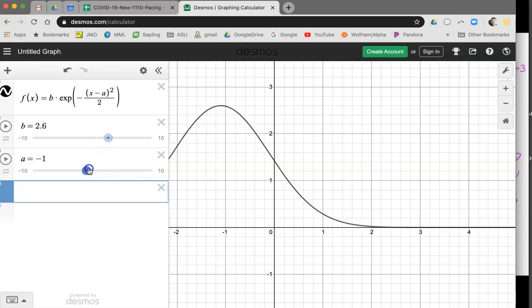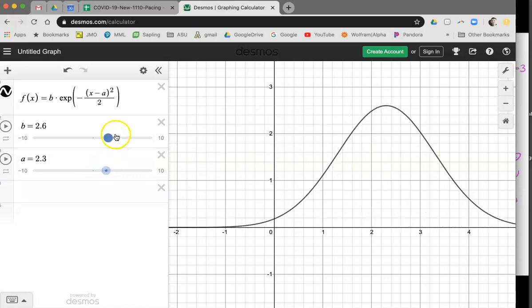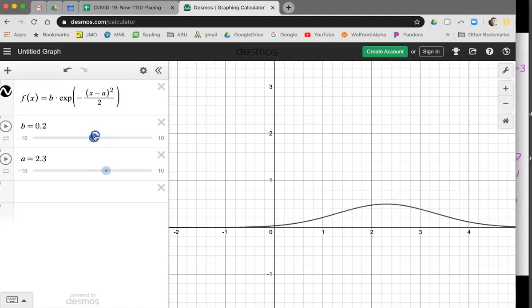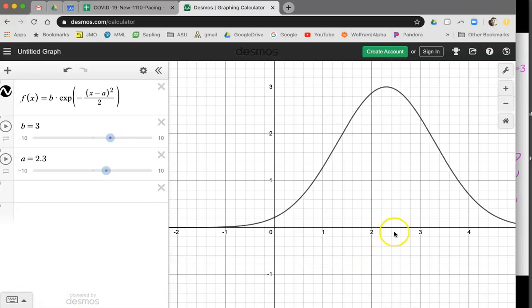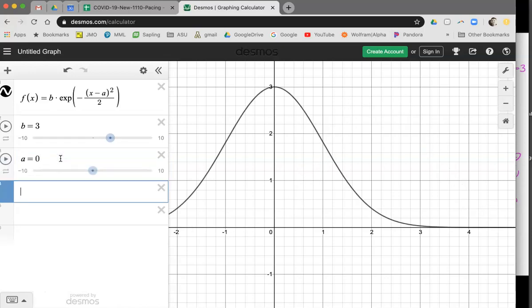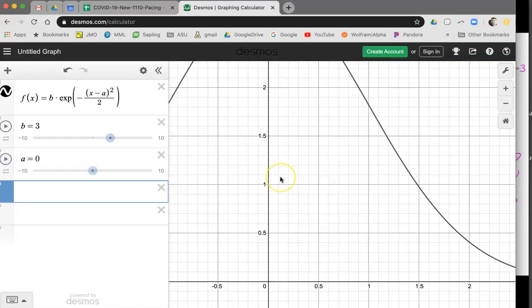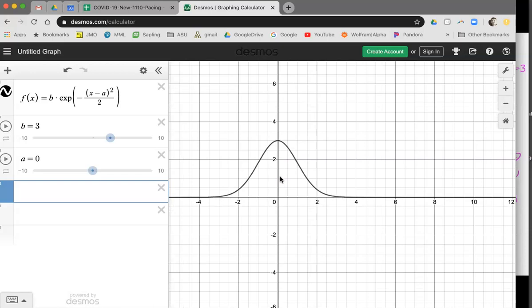A moves this graph left and right. B changing doesn't change the fact that we have a local maximum. All it does is change the y value where that local maximum occurs. So b changes just the height of the maximum value. So when a is equal to 0 and b is equal to 3, that gives us the function that we were hoping to achieve.